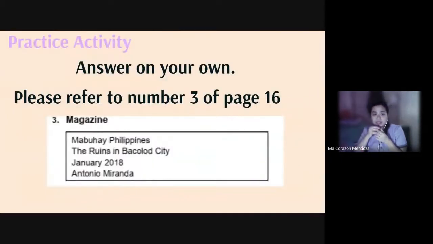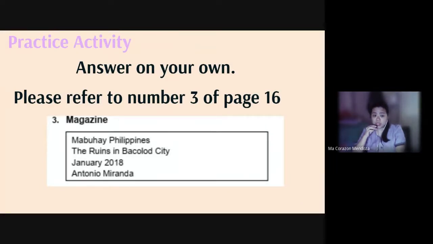Next, please answer on your own. Please refer to number 3 of page 16. Do not write this on the paper that you will submit. You can just use a scratch paper. Now let us identify the parts of the source. Mabuhay Philippines is the name of the magazine.